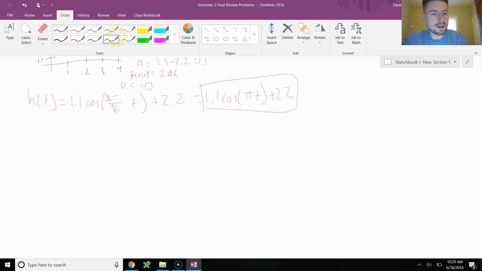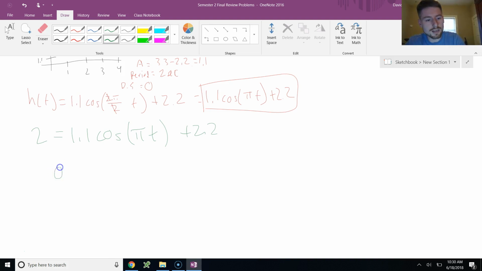We need to find out what t would satisfy this equation: 2 equals 1.1 cosine of pi t plus 2.2. We'll subtract 2.2 from both sides.